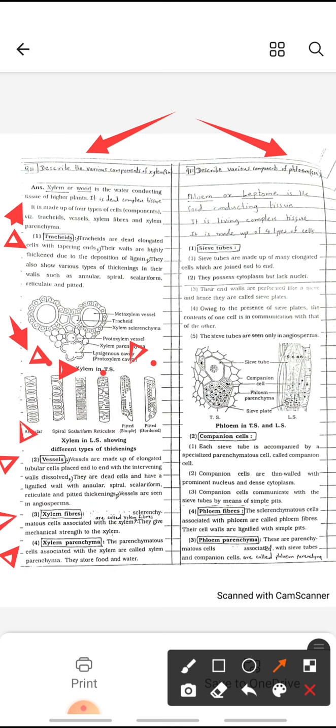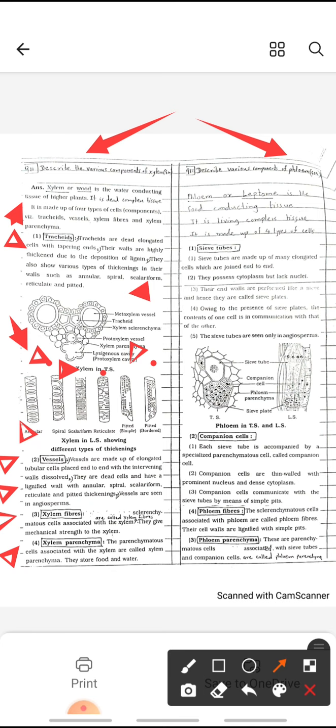The second one is vessels. Vessels are made up of elongated tubular cells and they are placed end to end with the intervening walls dissolved. They are dead cells and they have lignified walls, meaning a thick wall is present in these vessels.